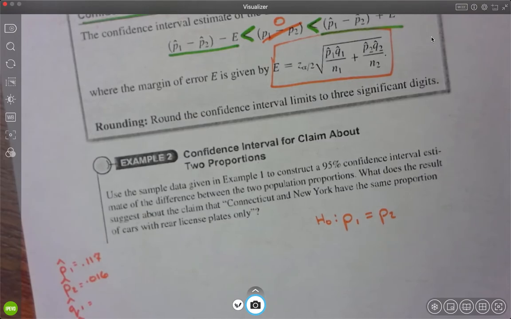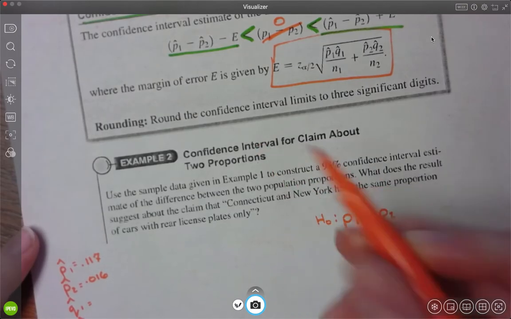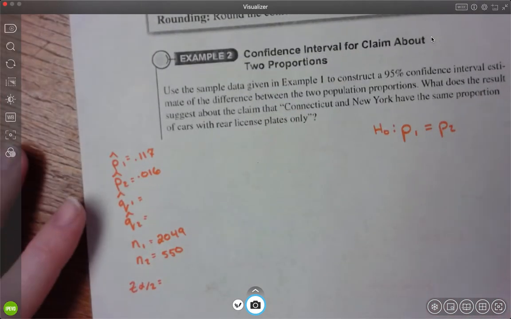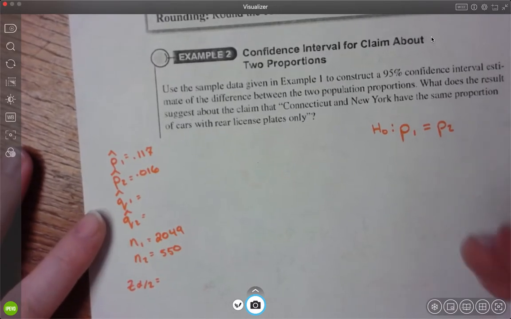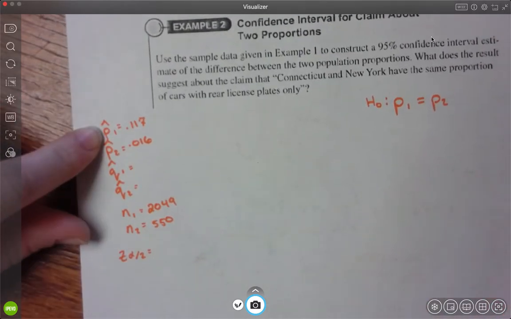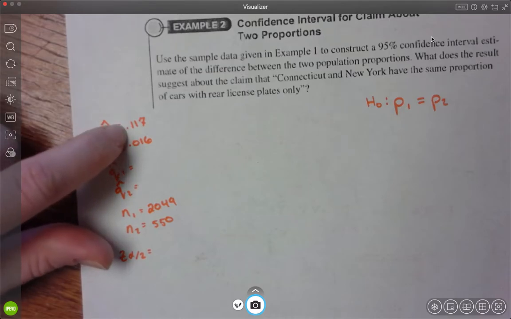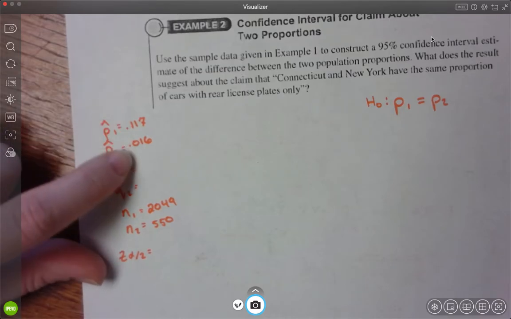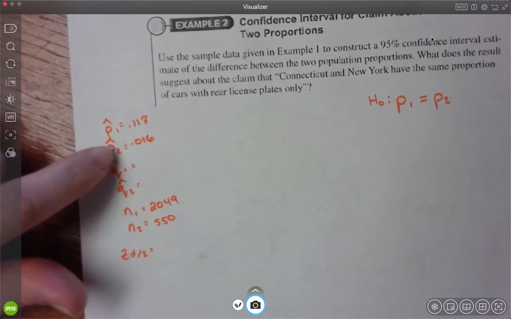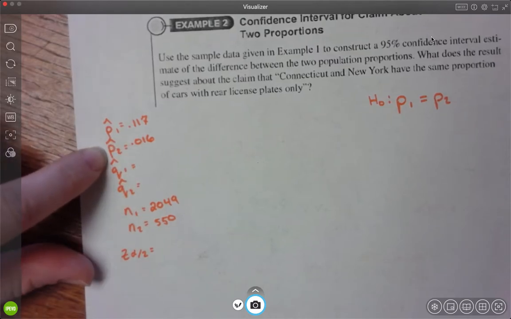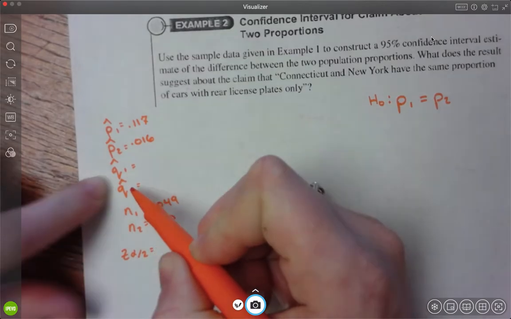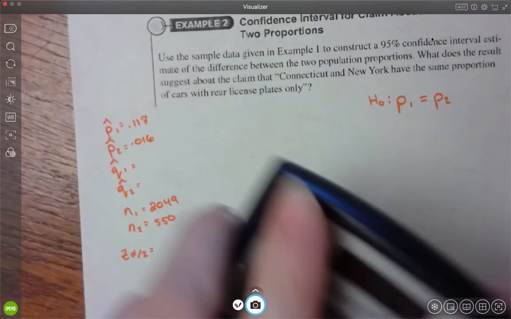Okay, so I copied some information over from the front side that we knew. We know that P hat 1 is 0.117. That's the percentage of Connecticut that has rear license plates only. And then it was a little less than 2% for New York, so that's going to be our P hat 2. And then we need to figure out what Q hat 1 and Q hat 2 are, because that's what we're going to need for our formula up above.